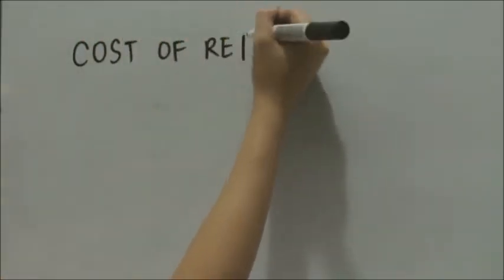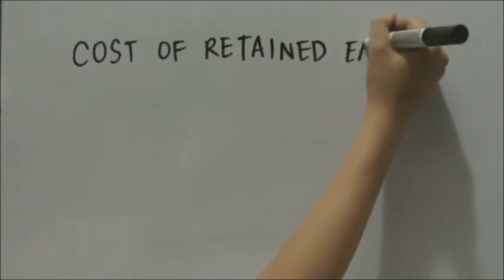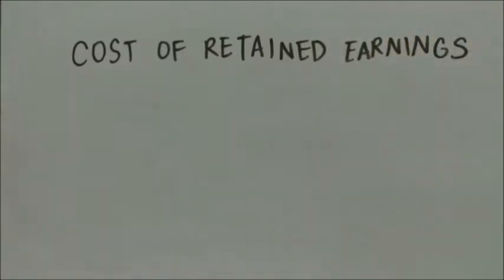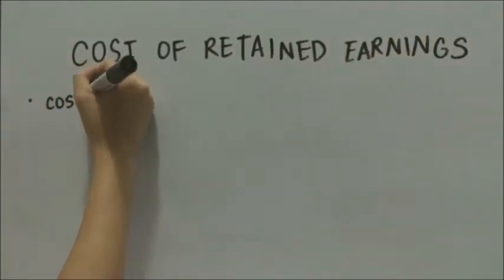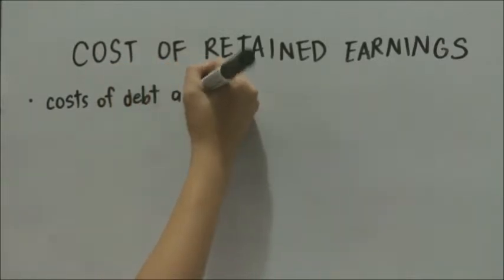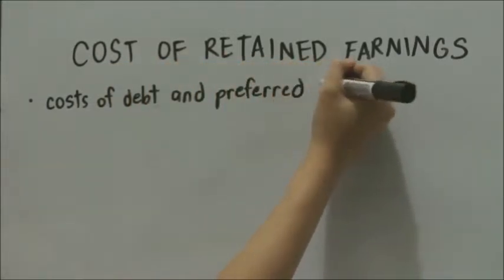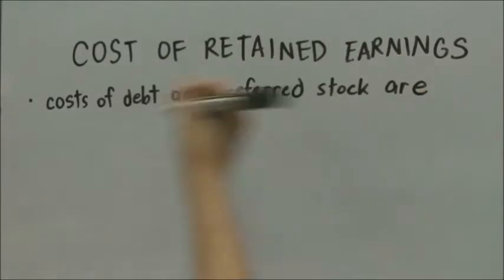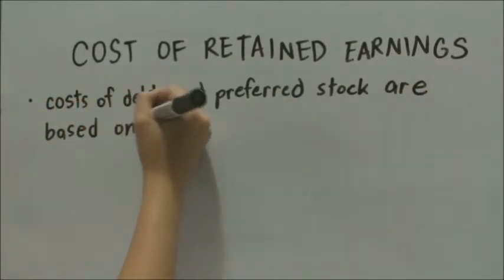We will now learn the cost of retained earnings. We must first understand that the cost of debt and preferred stock are based on the returns that investors require on these securities.